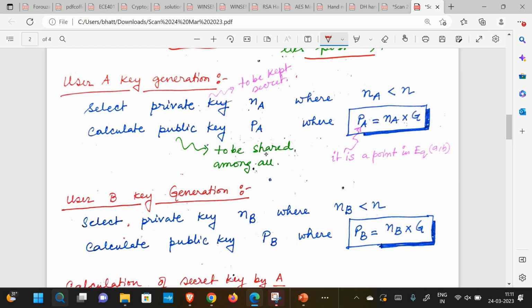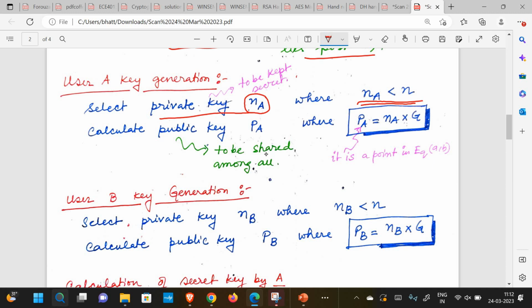So first of all, select a private key, which is denoted by nA. A is suffix because it's for the user A. Alright, and nA should lie somewhere less than n. Just a condition. n is the order which you have chosen by some means, and nA should be less than that. Okay? That's how it is.